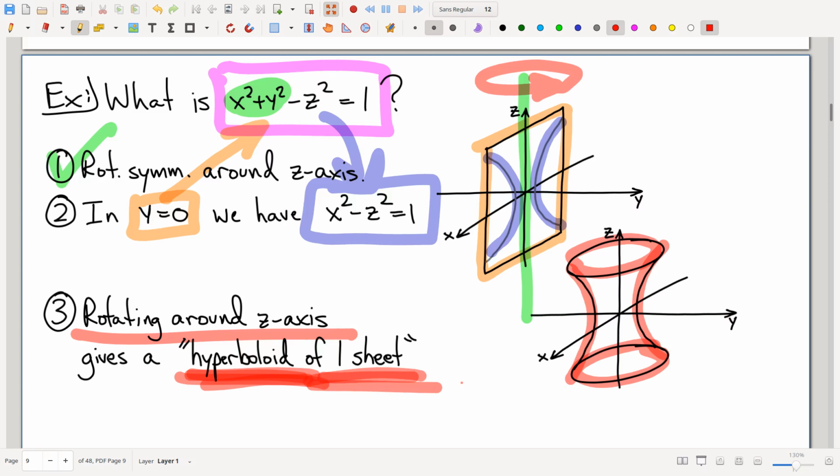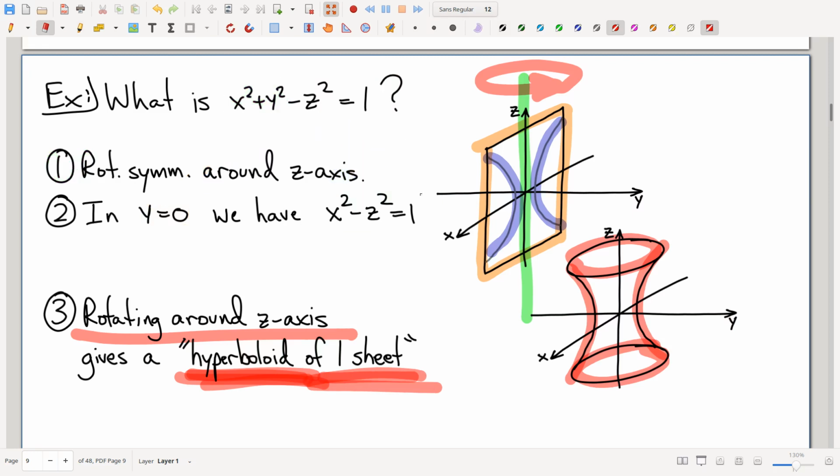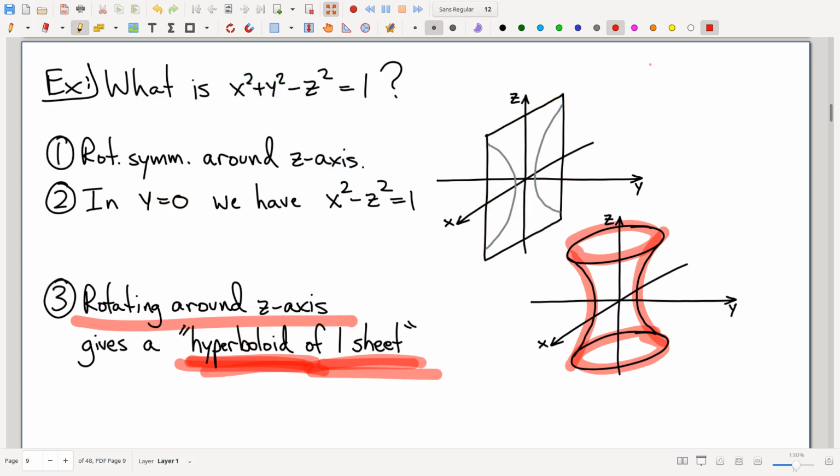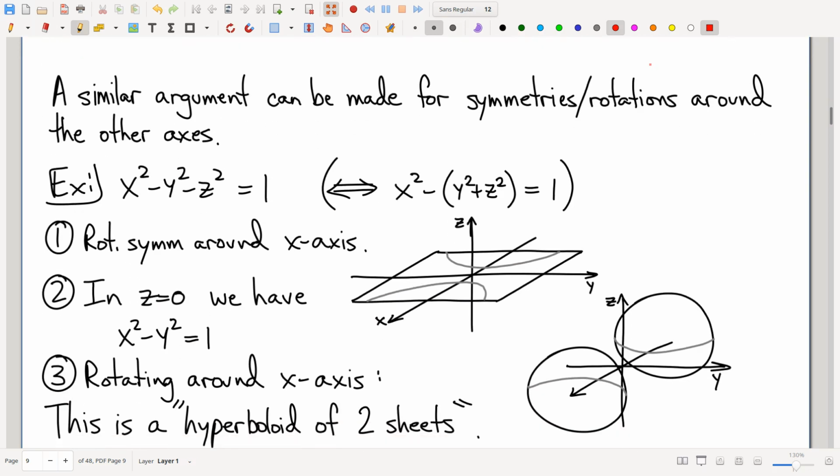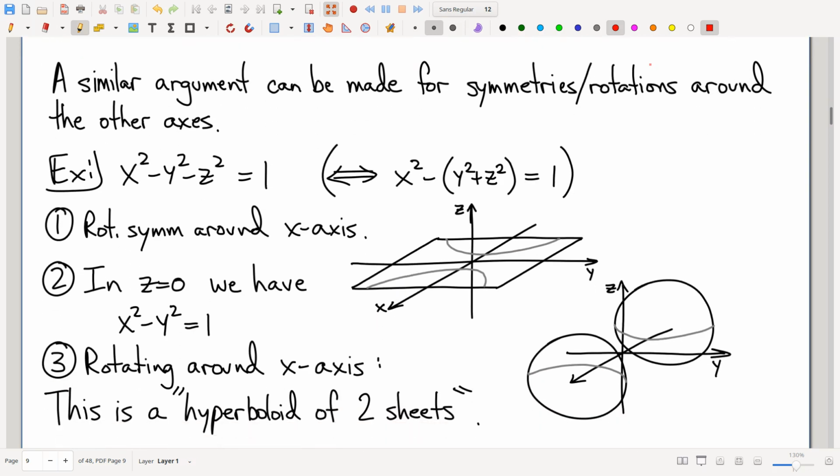Okay. Let me, however, erase all of that. Now, what if it's not x and y that fit the special form? What if it's x and z? Or what if it's y and z? What does that mean? It means morally the same exact thing.